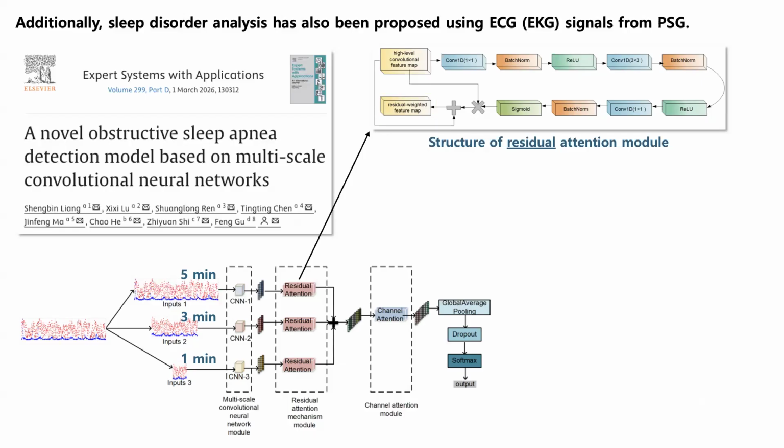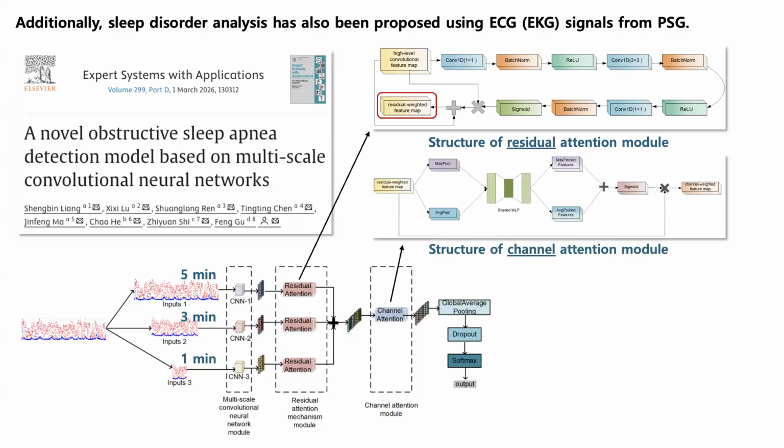Each convolutional layer tries to capture the patterns of the signal, and they get a residual weighted feature map for each, and then they merge them in the channel attention module. When the residual weighted feature maps are input to this module, they merge them using max pooling, average pooling and a multi-layer perceptron, to merge the three different residual weighted feature maps into a channel weighted feature map.